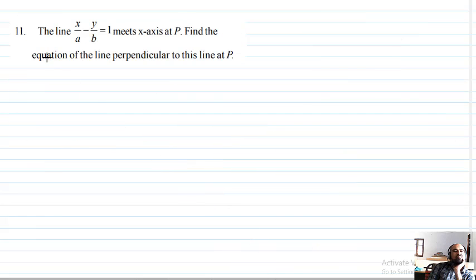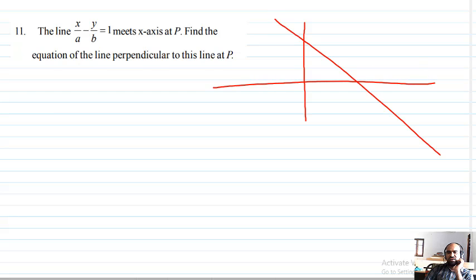Okay, students, 11th problem. The line x by a minus y by b equal to 1 meets the x-axis at P. Find the equation of the line perpendicular to this line at P. Interesting problem. I will draw a sketch for this.